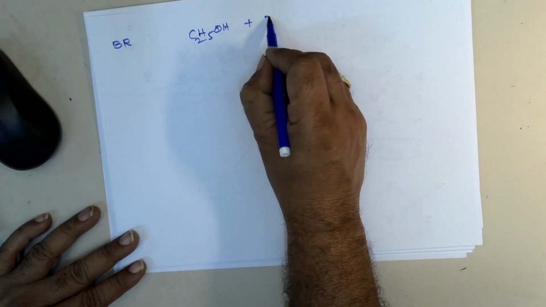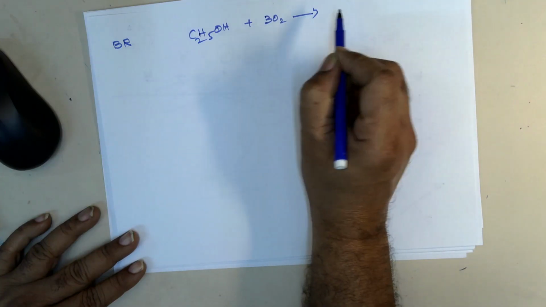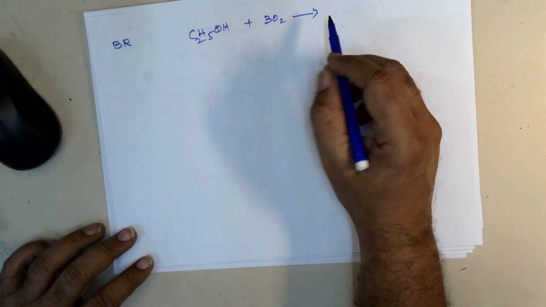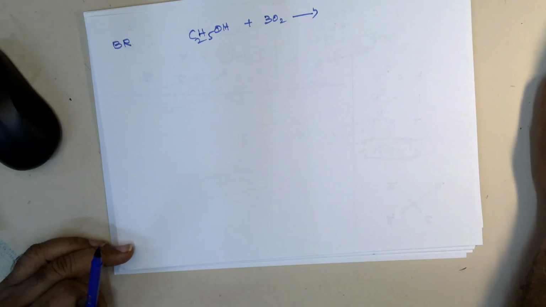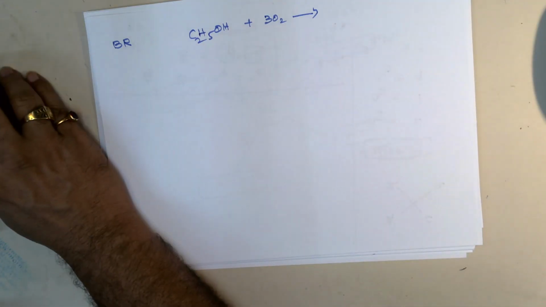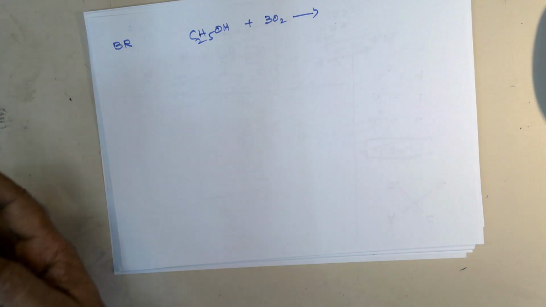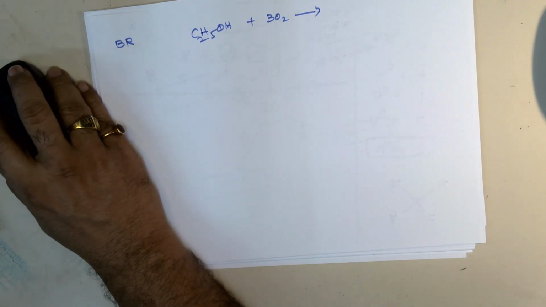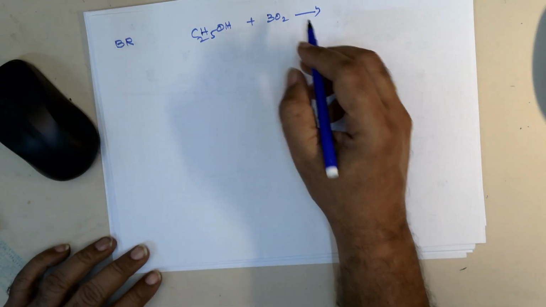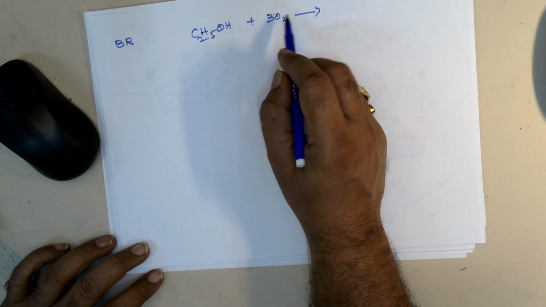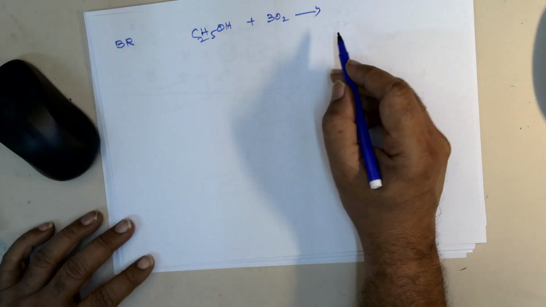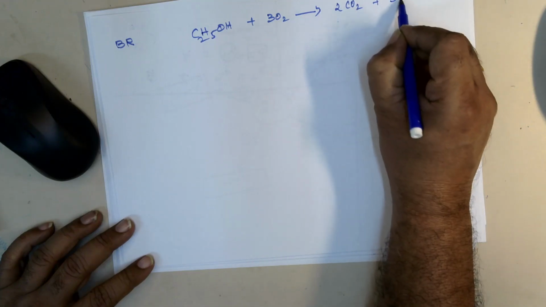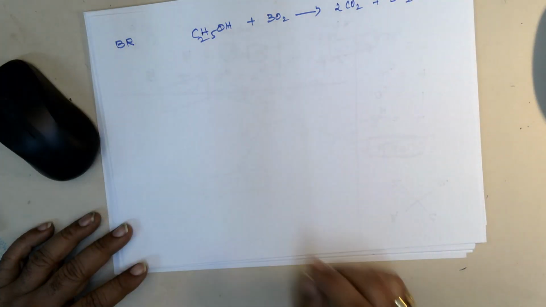And we have balanced 3 moles of oxygen to give 2 CO2. So you have 3 O2 and then as product 2 CO2 plus 3H2O. Got it? Okay.